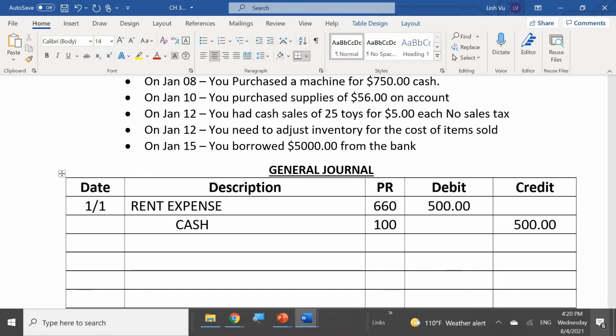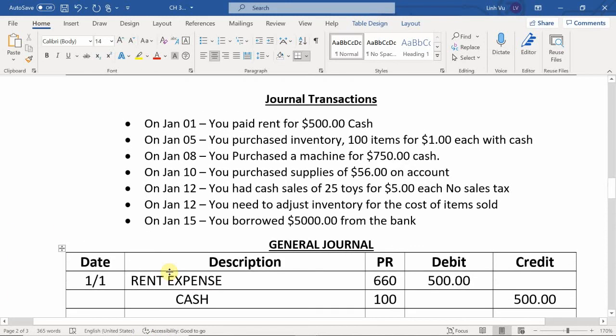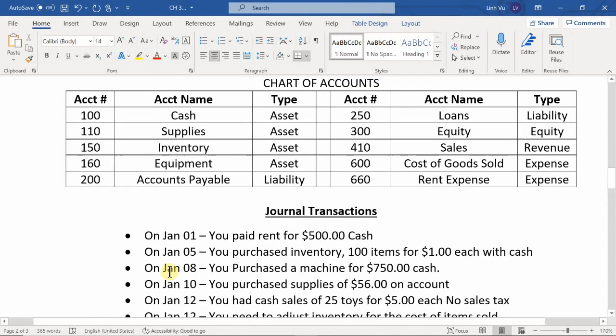Here, I'm not going to have you practice the descriptions and parentheses. We're just going to practice journalizing and recognizing the account. Another rule here is that every time there's a break between transactions, or you're complete with a transaction, usually skip a line. Then on January 5th, you need to write a note.